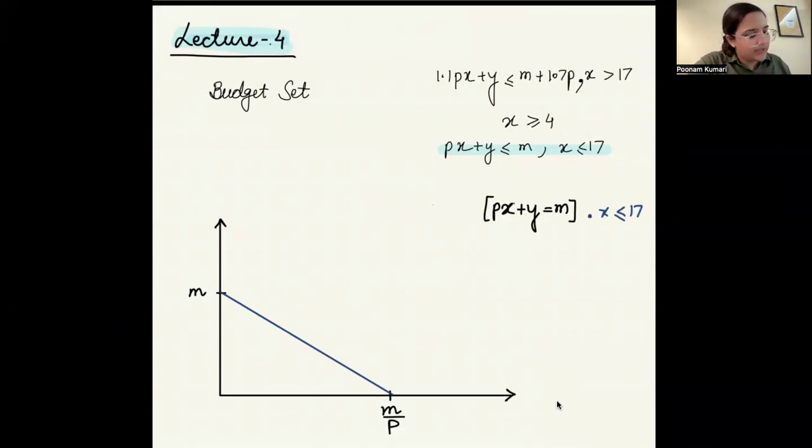Now, let's come to the second point, which is 1.1 px plus y is less than or equal to, so the less than or equal to will become equals to m plus 1.7p, right? So tell me, what is the value of y when x is 0?